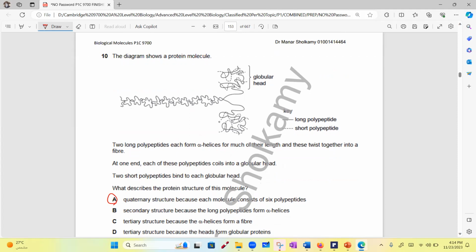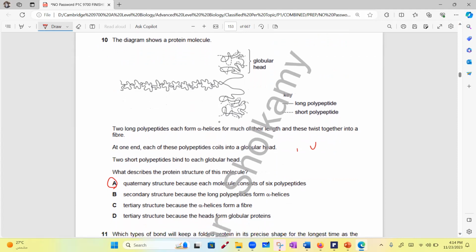Now, to cut a long story short so that you're never confused, the primary and the secondary and the tertiary protein structures, all of that, we are still talking about one polypeptide chain. The primary structure, that single chain, is a straight chain made up of a certain sequence of amino acids. The secondary structure, that primary chain will coil or fold.